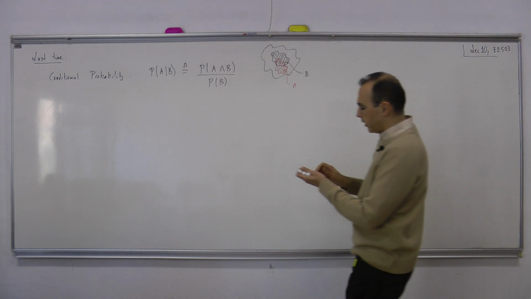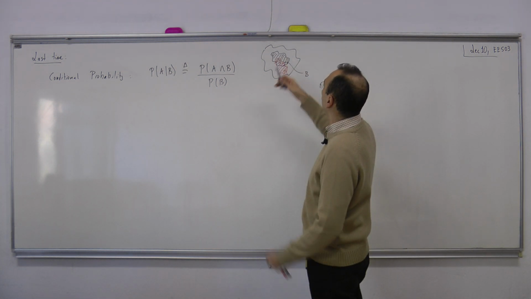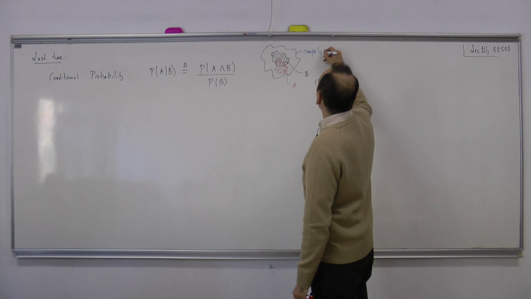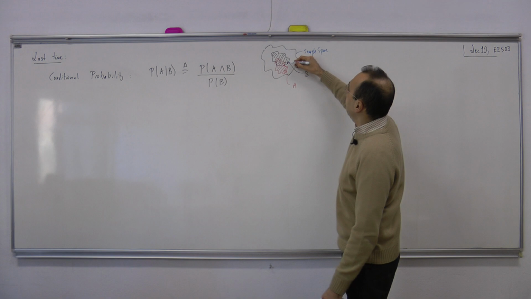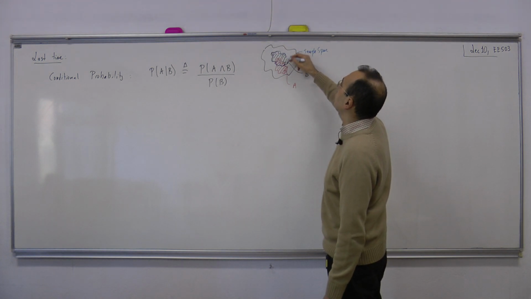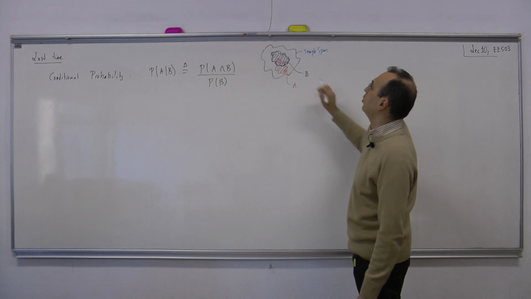As soon as I know that B has occurred, my sample space effectively reduces to B, because I know that B has occurred. The other parts have no probability.